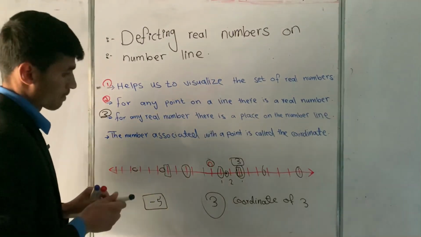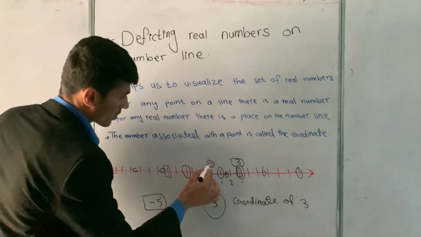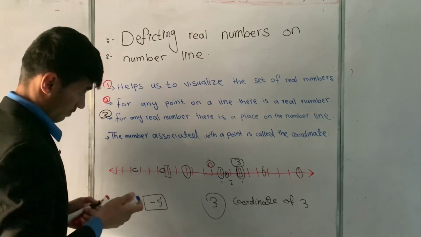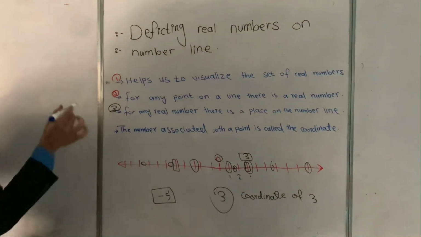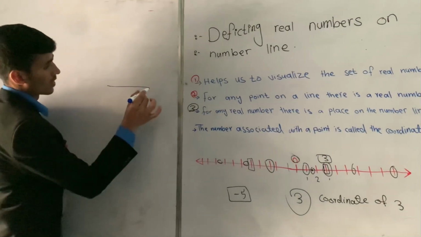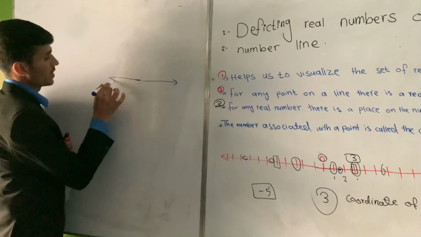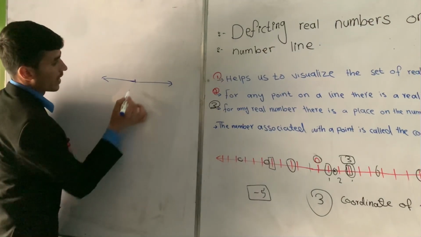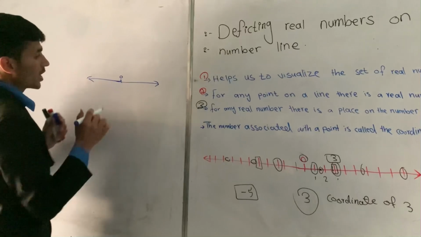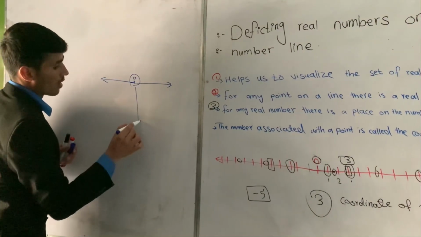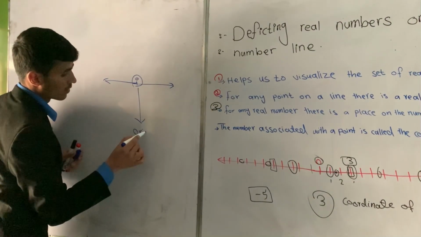One more thing, you see here 0. I will draw it here for you. Look at here. Pretend this is a number line. In the middle lies 0. 0 is also called the origin.